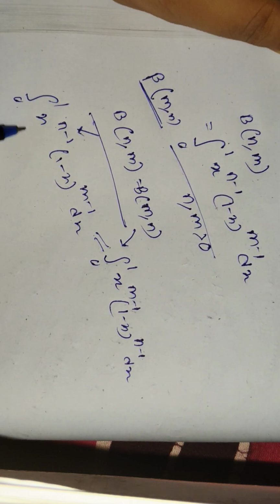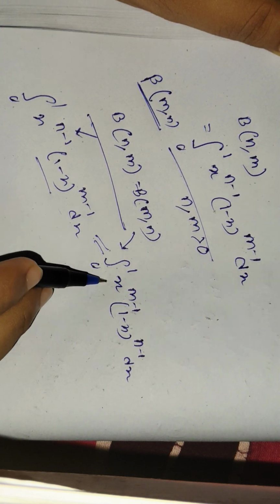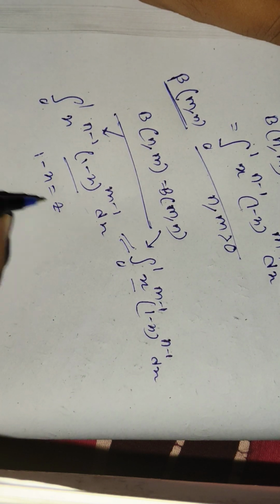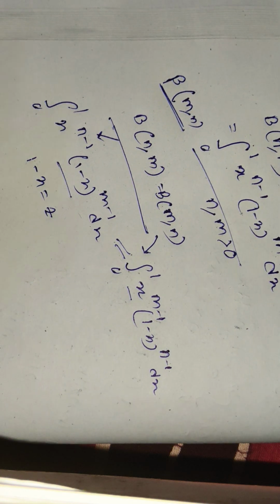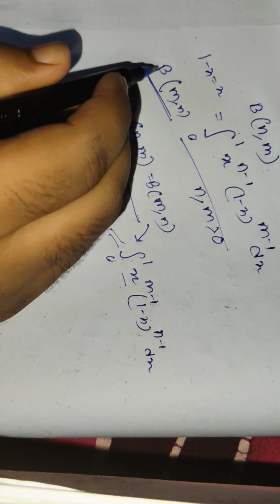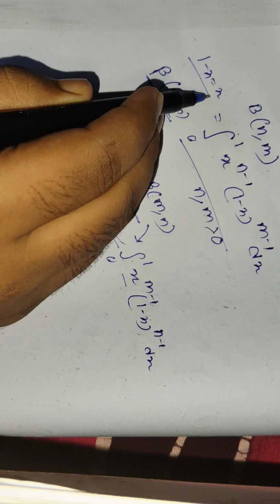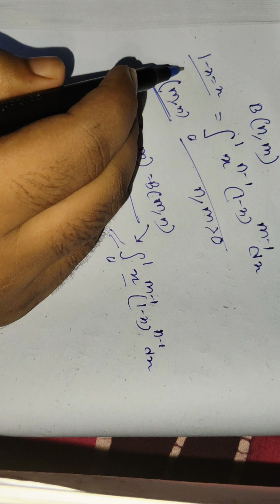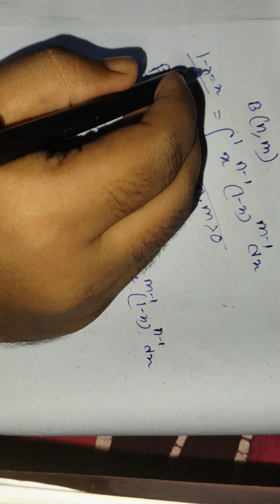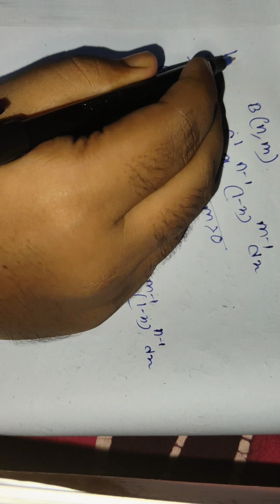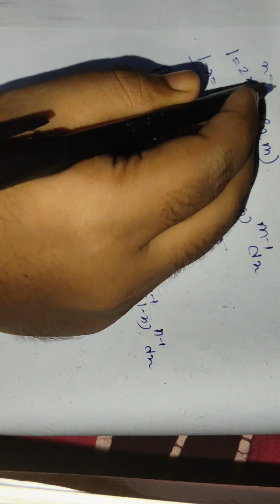First of all, you can see the power of 1 minus x is equal to the power of x. So you can take this substitution. Don't take 1 minus x equals x. This is not a proper substitution. If we take 1 minus x equals x, then the x's will be cancelled out, and adding x to both sides, we will get 1 equals 2x, and x equals half.